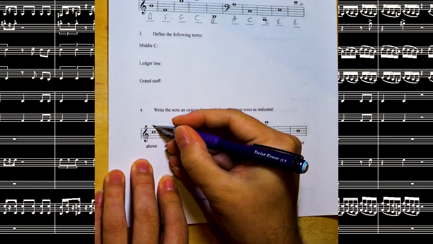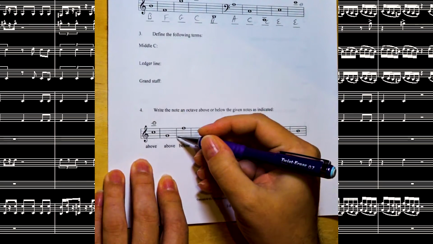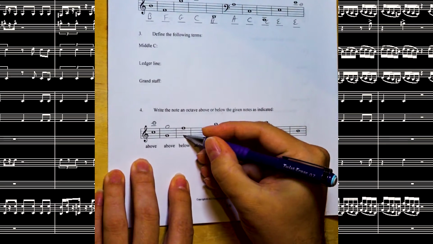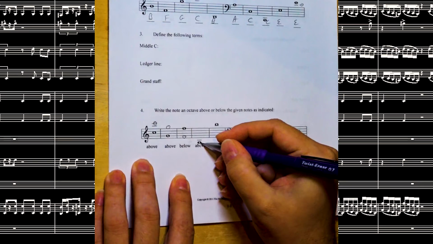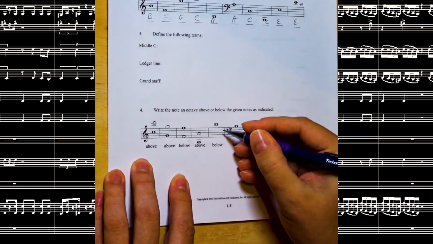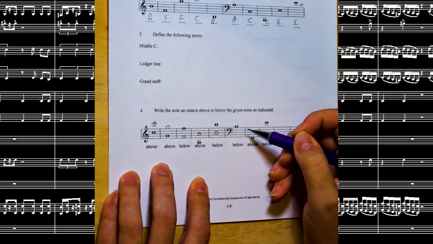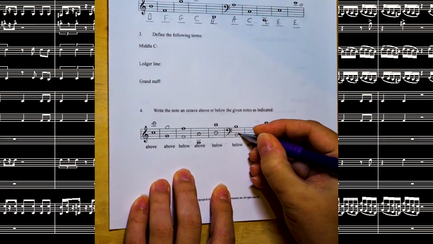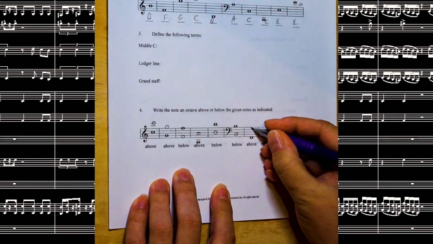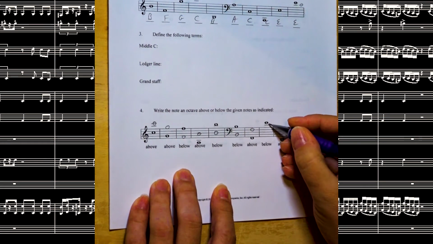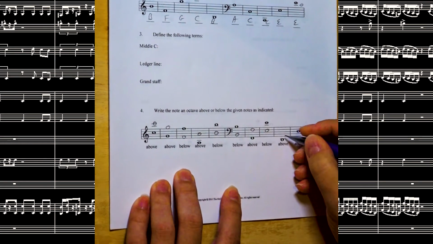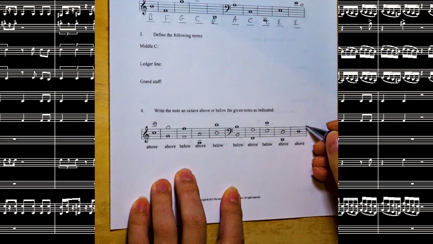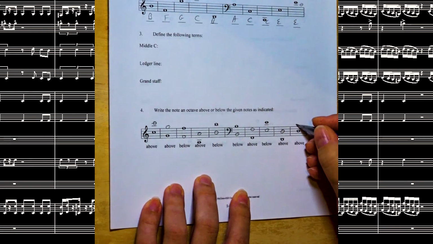So they want it an octave above, so it's 2-line C. They want above a G, G, F below, the A above, want below B, and want it below B, they want above F, they want it below E, they want above D, and they want above D.